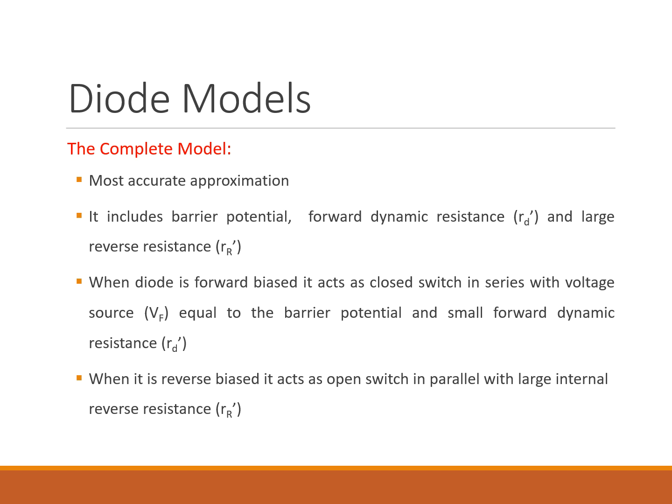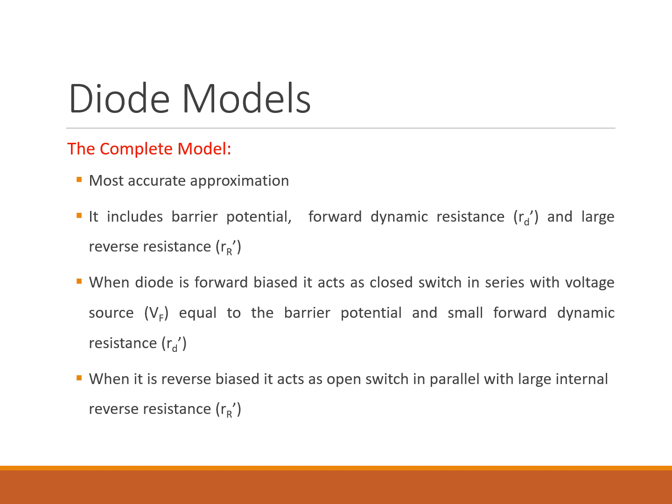Under reverse bias, the diode acts like an open switch, just like in the previous models, but there's still a tiny leakage current through a very large resistance, R sub R prime. Before, we just assumed it was open, an infinite resistance, with no current going through. But the reality is there is a tiny leakage current that goes through the diode in reverse bias operation. The resistance is so high that it's often ignored, but in sensitive circuits, it counts, right?